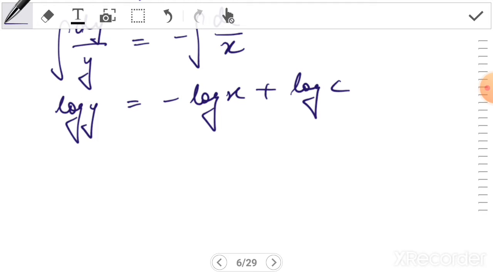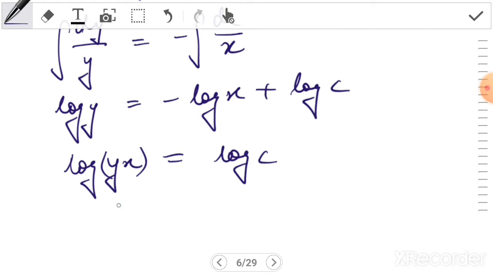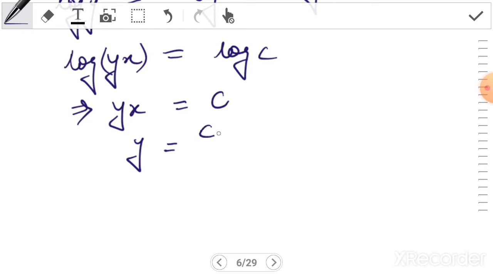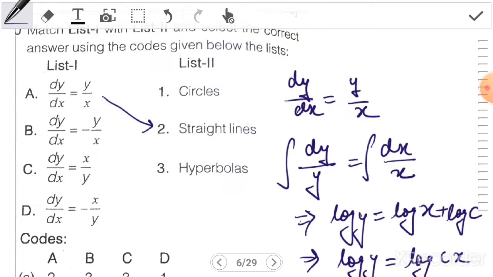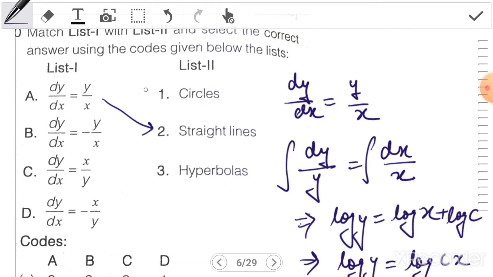Now taking antilog, first let us take log x on the left hand side. So this will be log y plus log x, that is log of y times x is equal to log of c. So yx is equal to c, and y is equal to c by x. Clearly this is the equation of a hyperbola. So B is related to hyperbola.